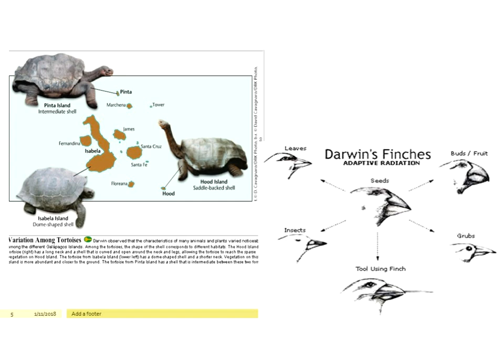So I just wanted to share with you some of his findings. In particular, the tortoises were a big one around the Galapagos Islands. He noticed that depending on the different island that the tortoise was found on, they had some different characteristics. So the Pinta Island tortoise had very long front limbs, as did the Hood Island, but the necks of these different tortoises were different.